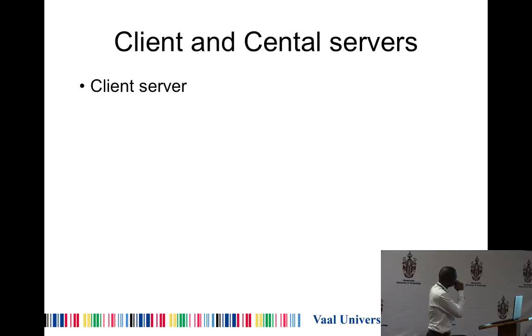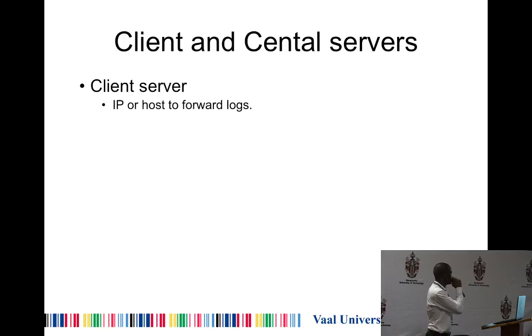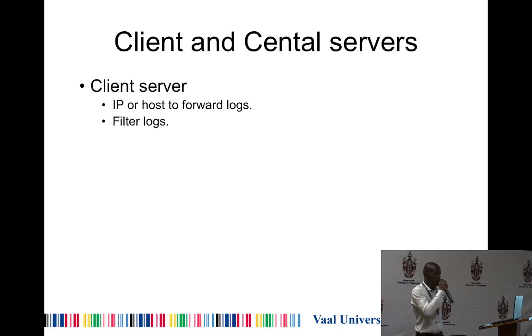So, client and central servers. On the client side, we just need to configure it to push all those log messages to the central server. It's better for you to filter the logs from the client side so that you lower the processing on the central server.